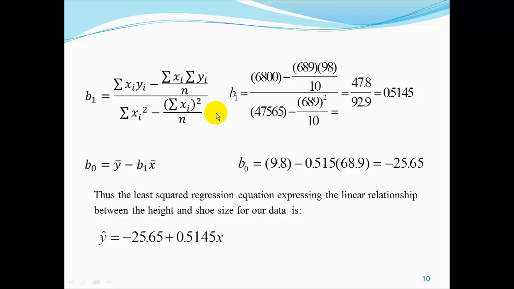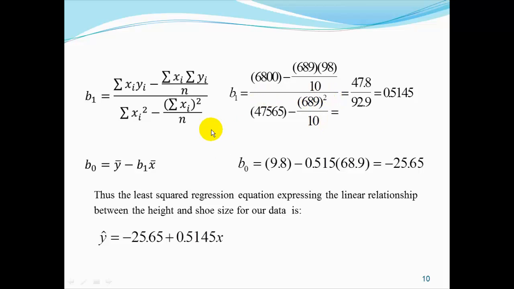Make sure that you do not confuse the summation of x squared, where you square your x values first and then sum them, and this here, where you sum all of your x values first and then you square the sum. This first measure is the third column summed, and this one is the sum of the first column, and then you square that value.